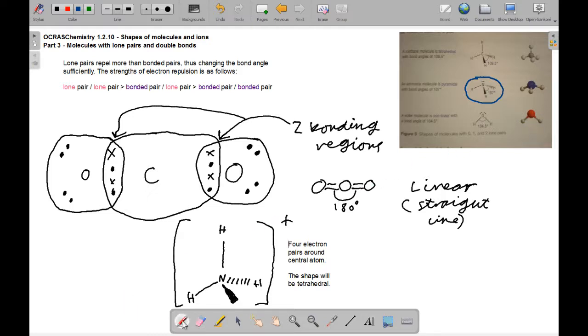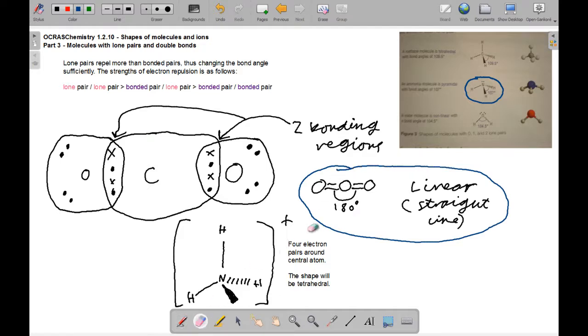So now we're going on to the ammonium plus ion. 4 electron pairs around the central atom, and the shape will be tetrahedral. And same thing here for the carbon dioxide. Can't have 3 oxygens bonded together.